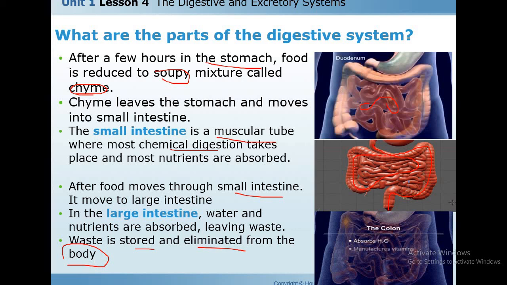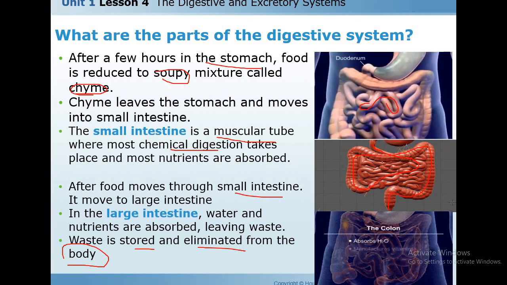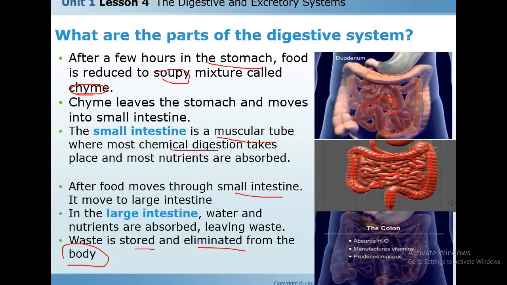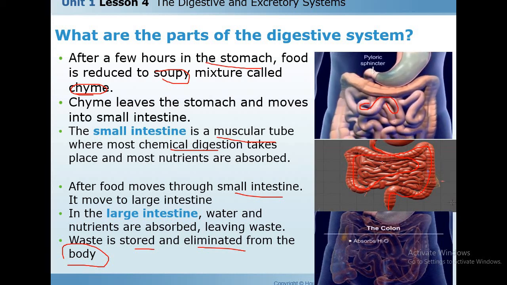After the chyme leaves the small intestine, it passes through the large intestine. Inside the large intestine, most water and nutrients are absorbed into the bloodstream, leaving the waste. The waste is stored and eliminated from the body.